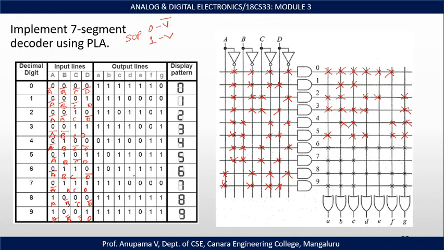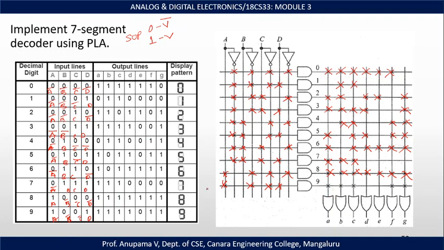Next entry in the truth table is except B, all are having one entry. Hence, except B, at all other entries I draw X mark. The next entry in the truth table, ABC value is set to 1. Hence, I draw X mark against A, B and C. Next entry in the truth table, all the output lines are set to 1. Hence, at all the lines of the OR array, I draw X mark. So, next entry in the truth table, F is set to 0.